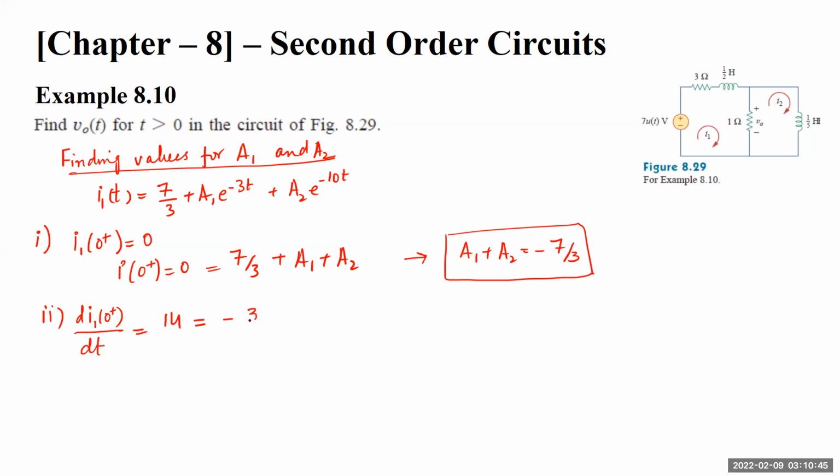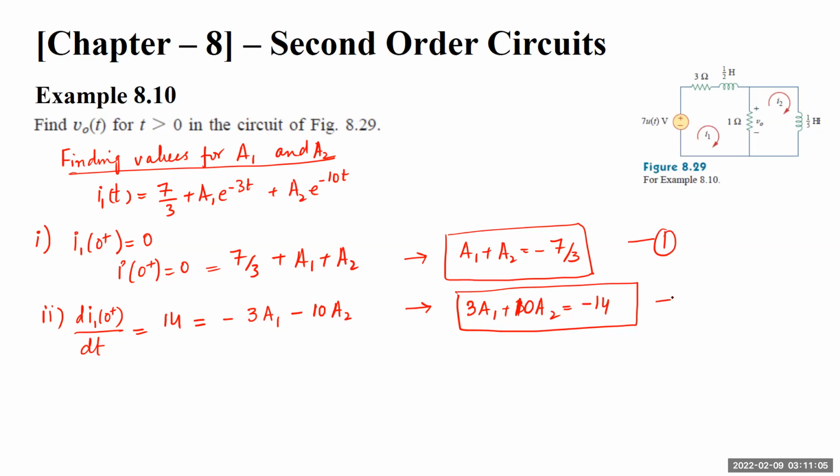So we multiply and get minus 3A1 minus 10A2 equals 14. My second equation becomes 3A1 plus 10A2 equals minus 14. This is equation number 2.